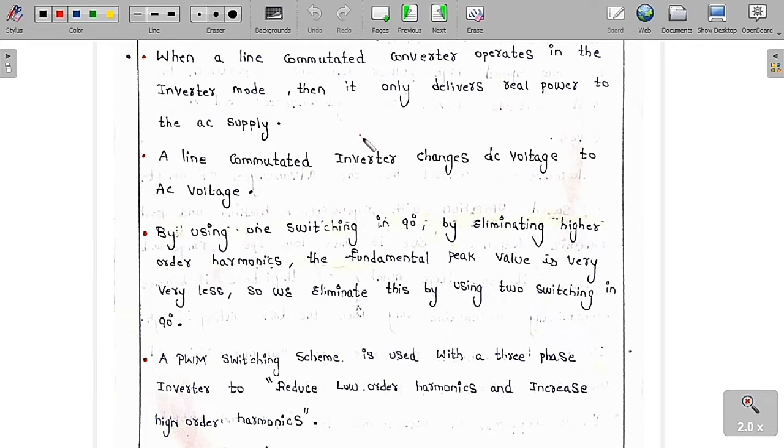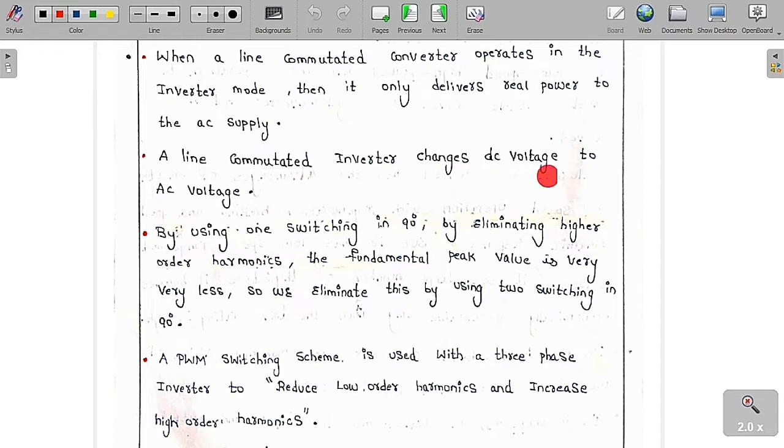I have already told you, whenever the fully controlled converter operates in the inverter mode, the load delivers only the real power to the AC supply, but not the reactive power. The reactive power is still absorbed by the load.